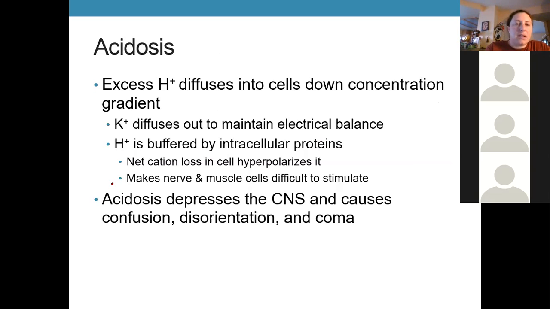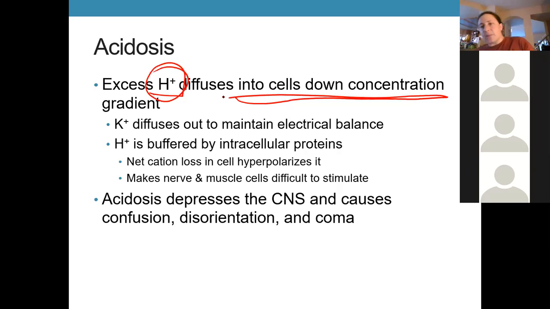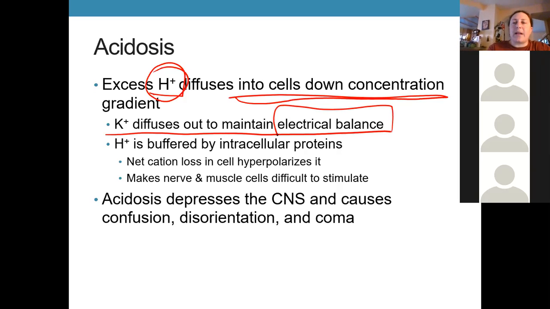Acidosis is, again, remember what we call it when there's too much hydrogen ions. The problem is when it starts diffusing into the cells. Because we get a buildup of this in the plasma and the extracellular fluid in general, we end up with a concentration gradient where we start getting more acid entering the cells. Then potassium leaves the cell to maintain the charge balance.